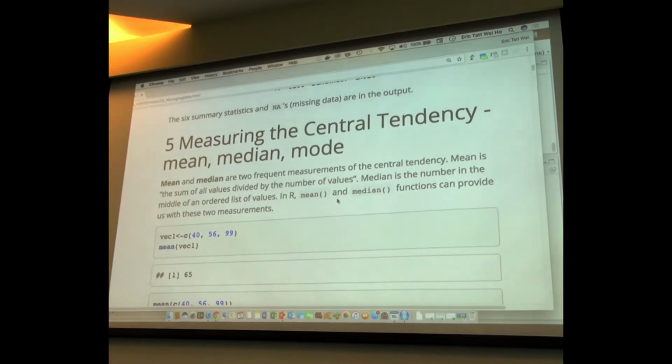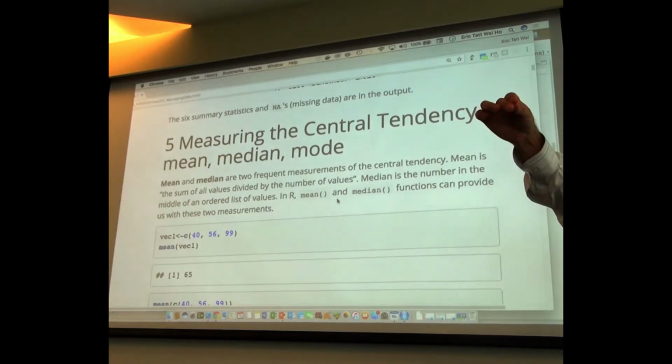But remember, if a process is bimodal, imagine a process that kind of looks like this, a measure of centrality is completely meaningless. Does everybody understand that? Because for the things that are in between here, there is a very, very small chance of observing anything. So the point of gravitational balance makes absolutely no sense.